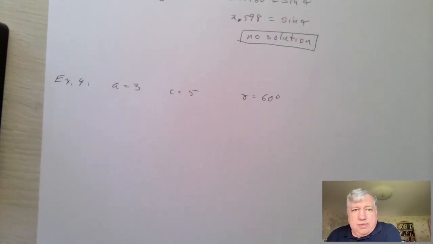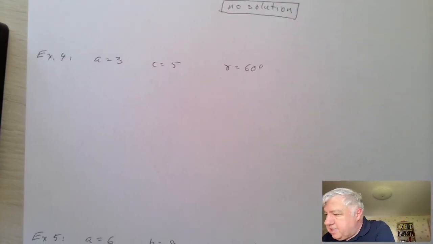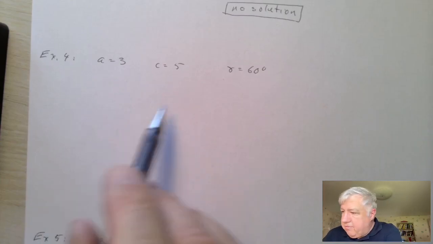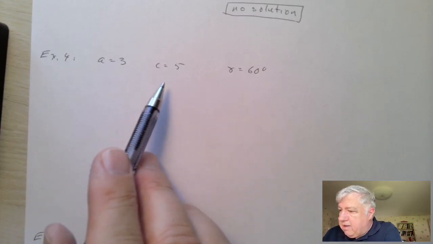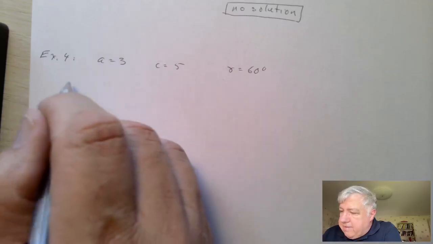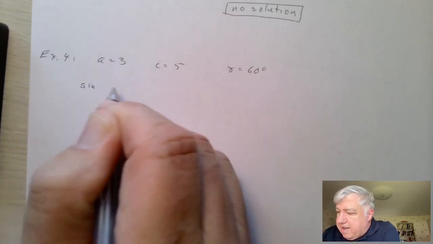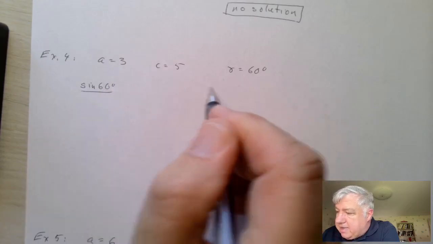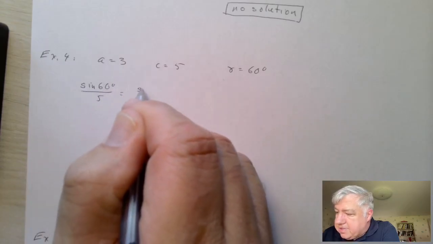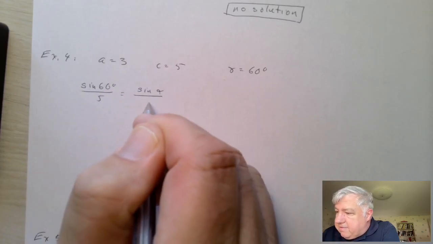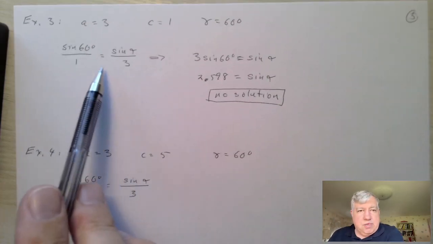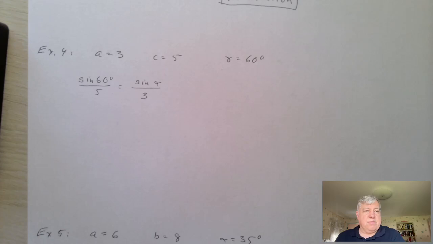Now let's look at example 4. We just changed the c from 1 to 5, and now let's see what happens. Well, once again, the law of sines says that we have the sine of gamma divided by c, that's the sine of 60 degrees divided by 5, is equal to the sine of alpha divided by 3. Okay, so it's the same as this, we just changed 1 to 5.